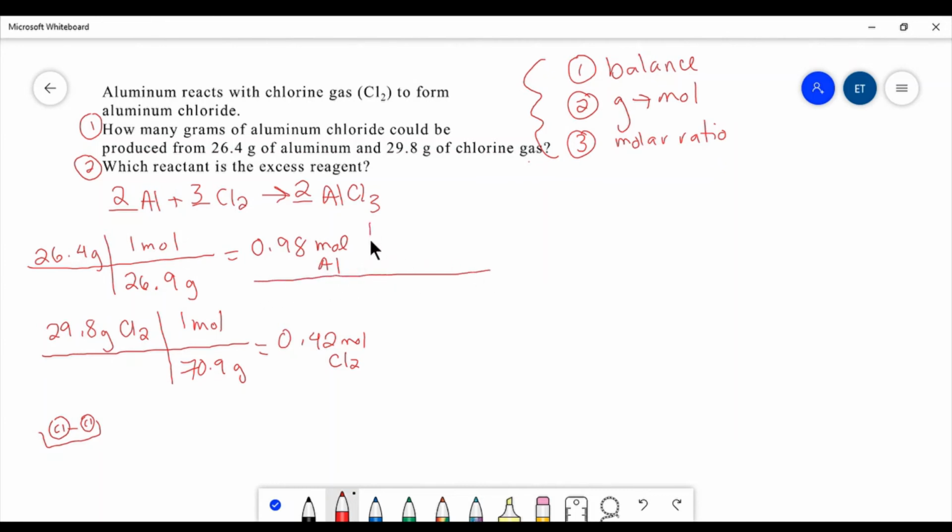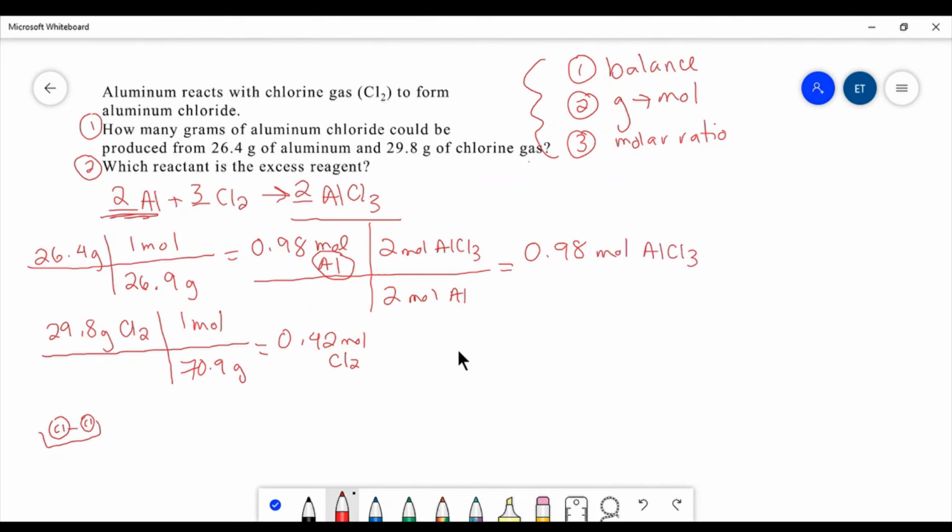So now we're going to look at the molar ratio. We're going to compare the coefficients for the specific reactant versus one of the products. In this case, we only have one product. So per every 2 moles of aluminum, as stated here, we are going to have 2 moles of aluminum chloride. So this is a 1-to-1 ratio, meaning that it's going to stay the same.